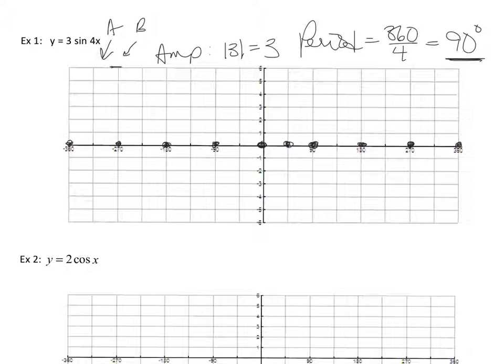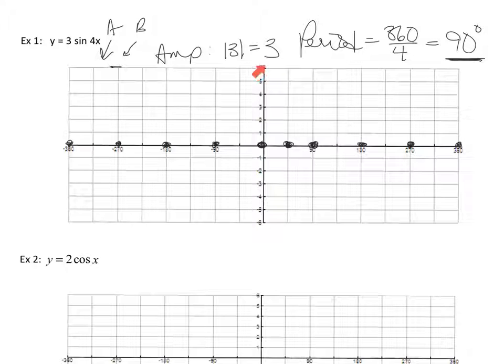So in between these 2 points, 0 and 90, so at 45 degrees, it's going to cross the x-axis again. What does it do between 0 and 45 degrees? Well, we know that sine goes through the origin on its way up, so it's going to hit a high point in between 0 and 45 degrees.